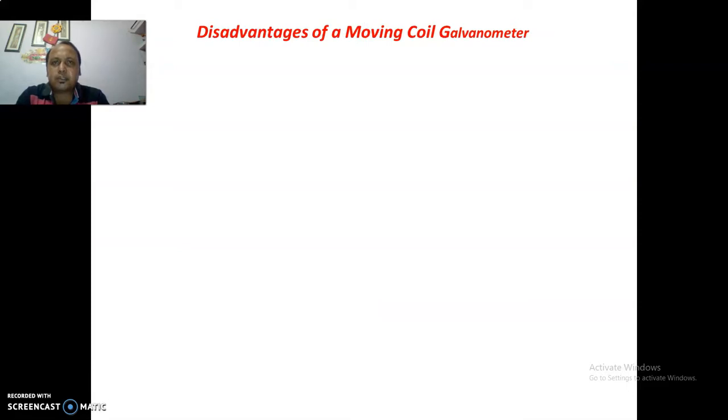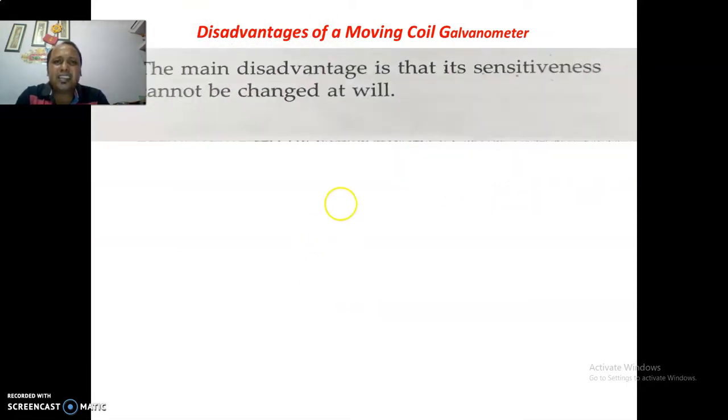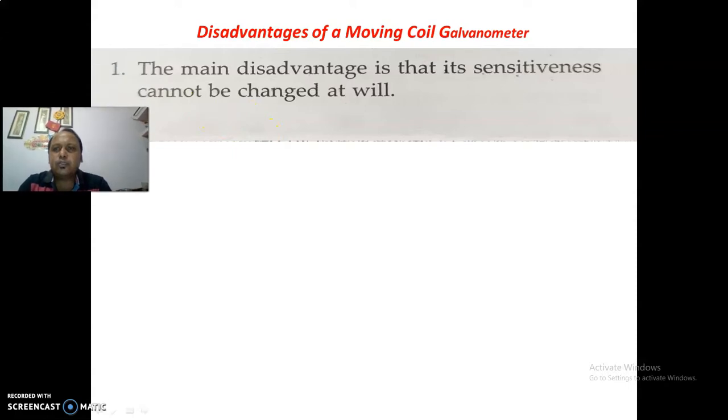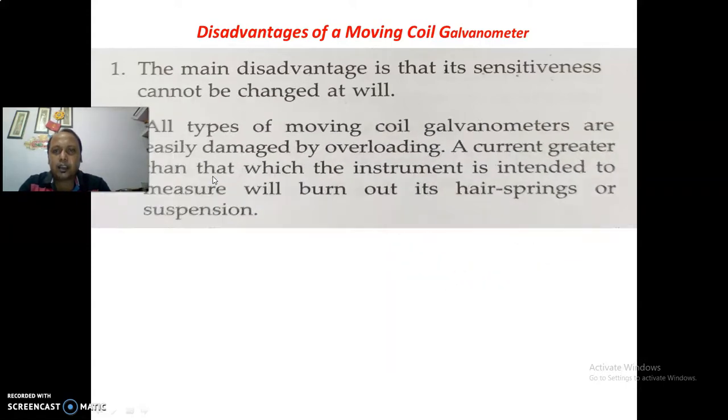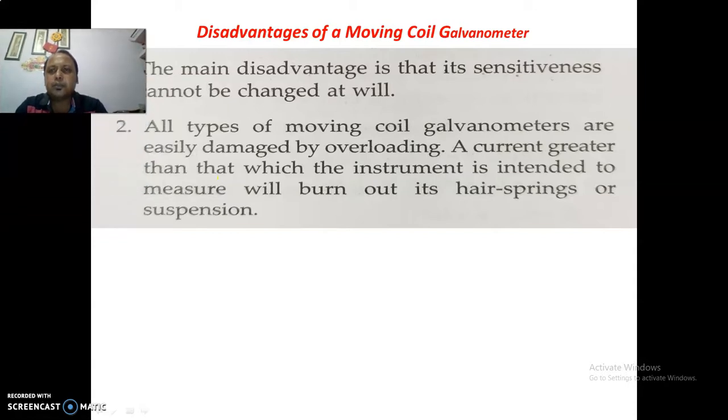Now next, there are some disadvantages also. The main disadvantage is that its sensitivity cannot be changed at will. We need to do so many adjustments so that the sensitivity can be changed. We have to change the value of N, A, so these are difficult things.